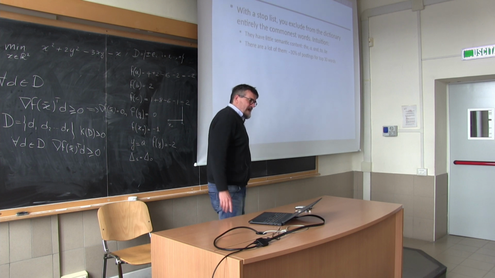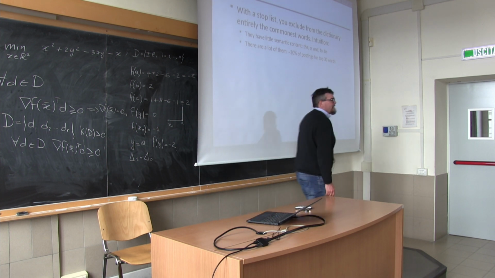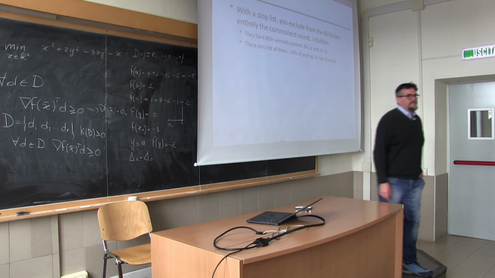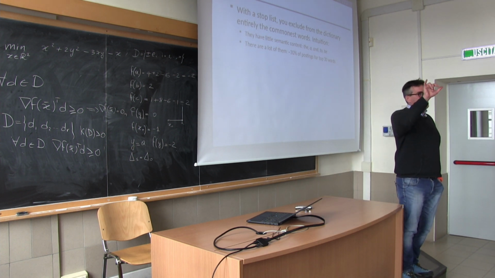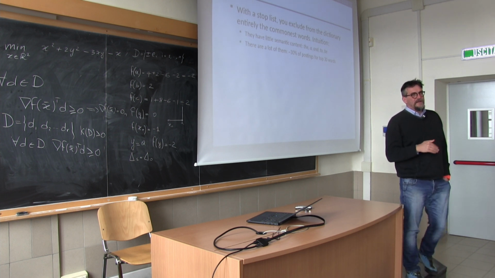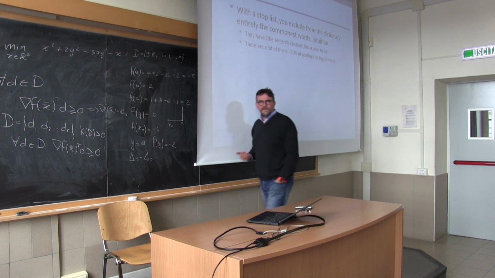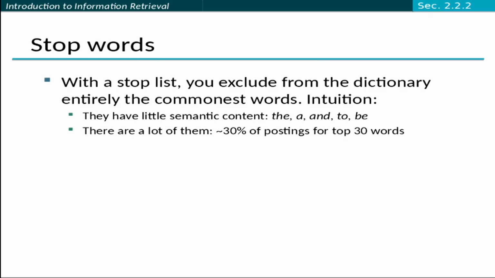Okay, now, assuming that we have a good tokenization system, namely from the sentences in the documents we can extract tokens, the next step is to remove from this token list what are called stop words. Those stop words are the most common words in a dictionary that usually have very little semantics.